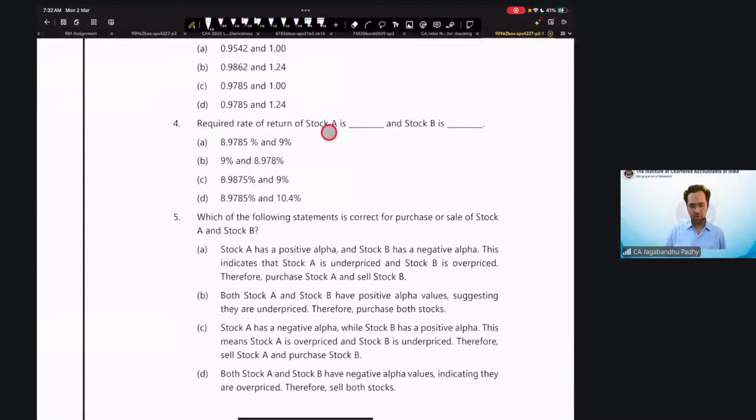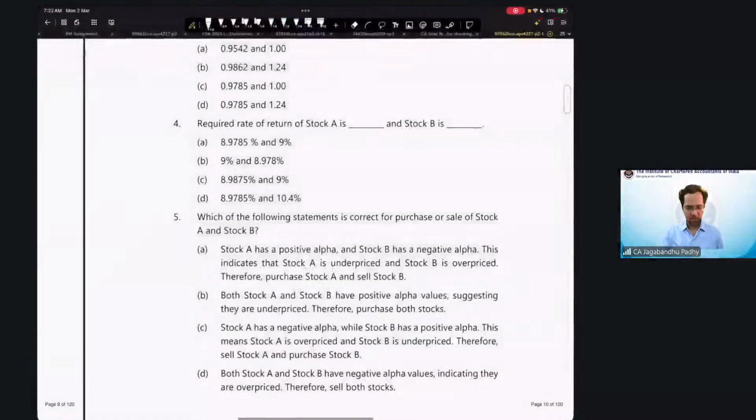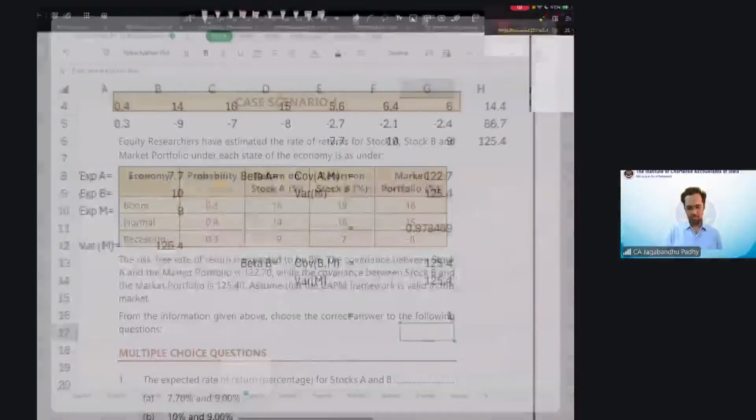Then required return of stock A and B is going to be. Now remember, they're asking you the required return. So how do we calculate this required return? CAPM. Perfect. For that, we have the risk-free rate given in the question, right? Yes.